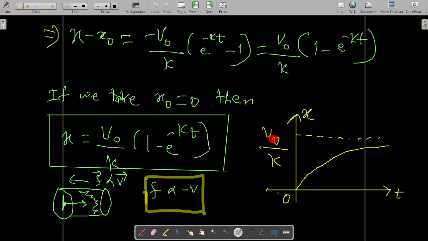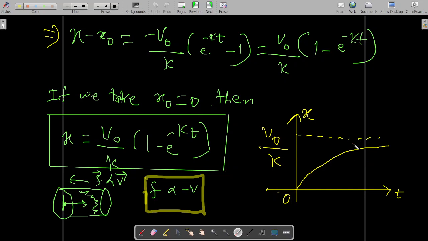If its initial velocity v naught is higher, it will have a larger displacement, but if the initial velocity v naught is lower, it will have a lower displacement. So the height of this dotted line will reduce if v naught reduces.